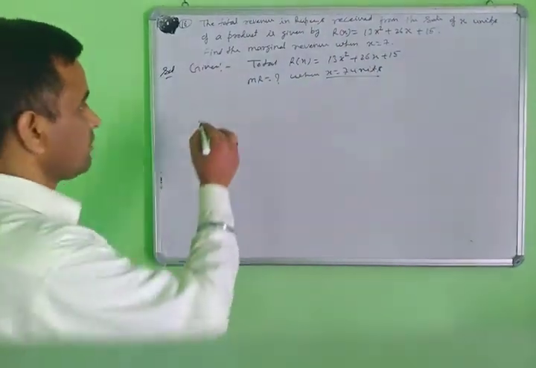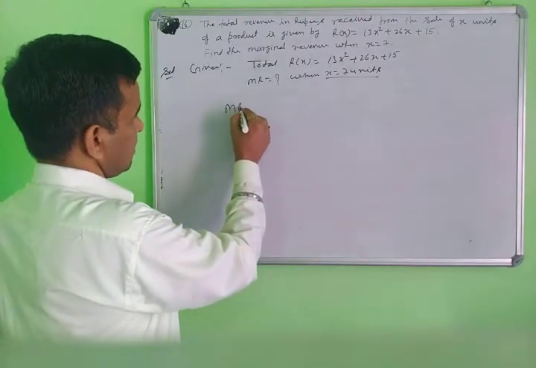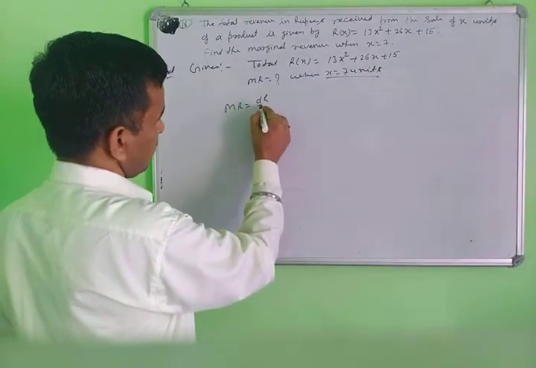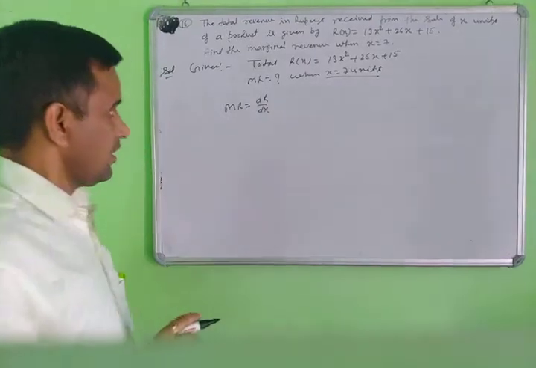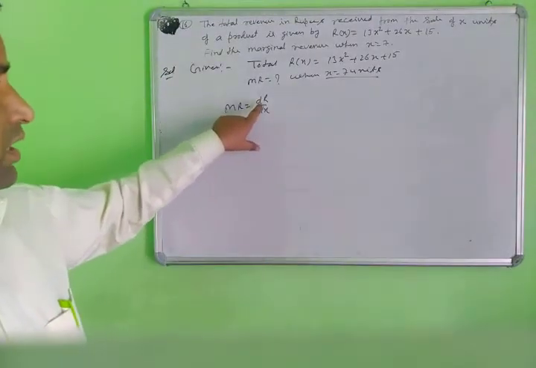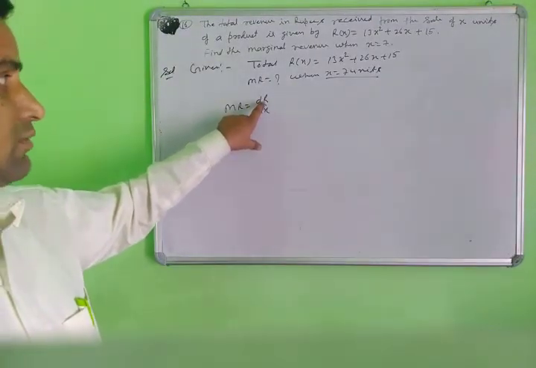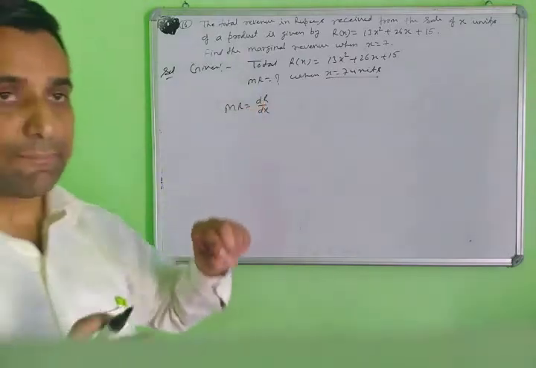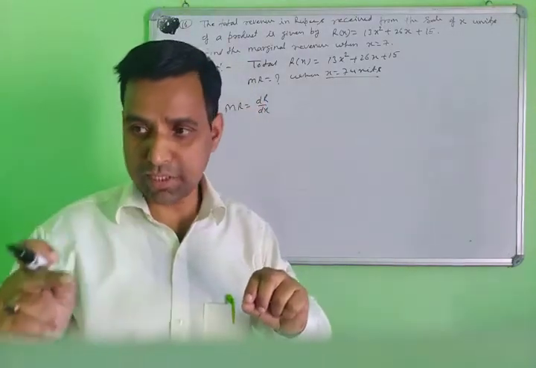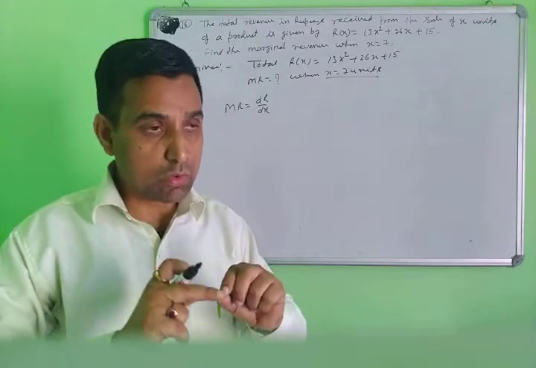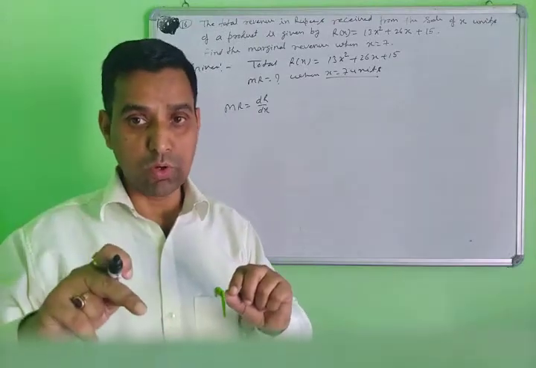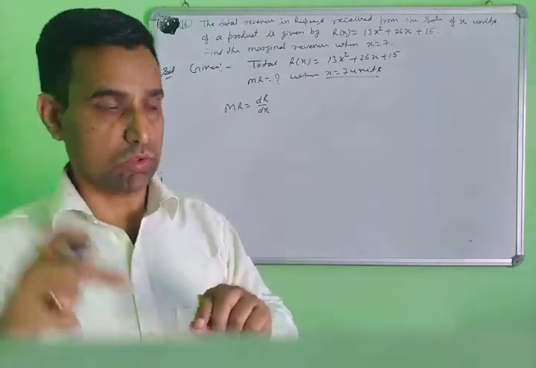First thing, what is the marginal revenue? Marginal revenue here is dR over dx. Marginal revenue equals the rate of change of the total revenue. The definition of marginal revenue is the rate of change of the total revenue with respect to the number of units sold.